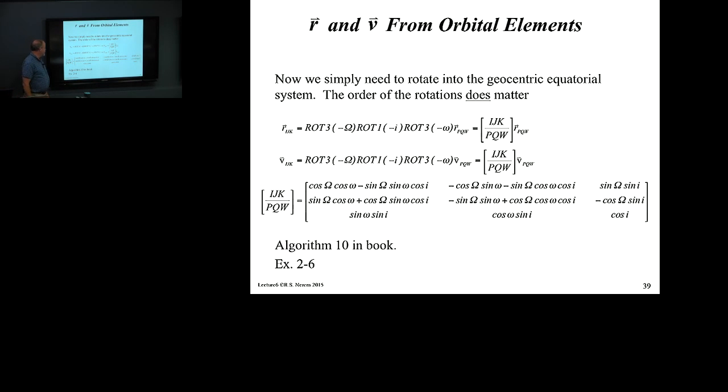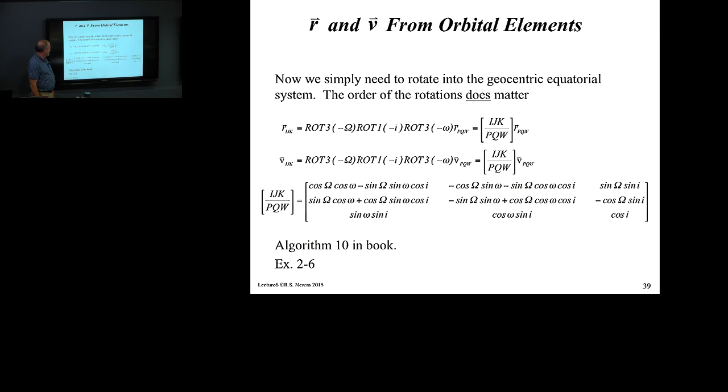I would just tend to code it up exactly like this. Define these rotation matrices 1, 2, and 3. That's where MATLAB is really good, because you can define them all as matrices and multiply them together easily. Then in your code, have exactly these lines, doing those rotations and rotating your vectors in the PQW frame.